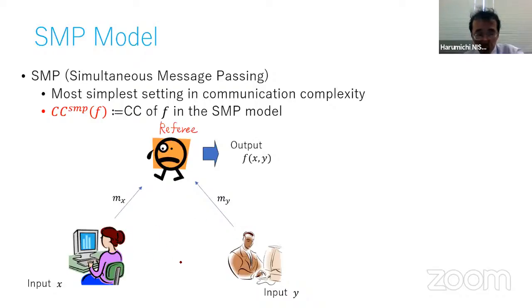These parties do not communicate with each other, and just send a message to the referee like this. Using these two messages, the referee must output the correct answer. The communication complexity of f in this model is just the length of these bits in the best communication protocol.